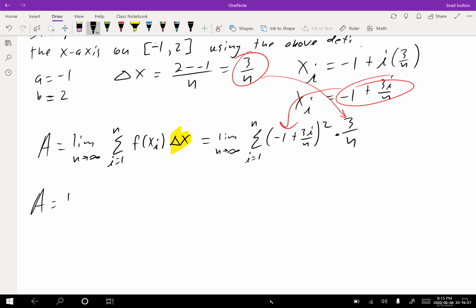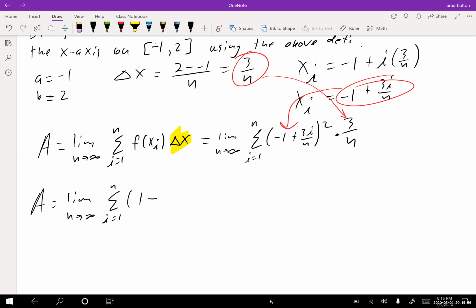So now we got a little cleanup to do. So area equals the limit as n approaches infinity of the summation of i equals 1 to n. And I'm just going to FOIL this out. So this will become 1 minus 3i over n plus another -3i over n. So that would be -6i over n, I believe.